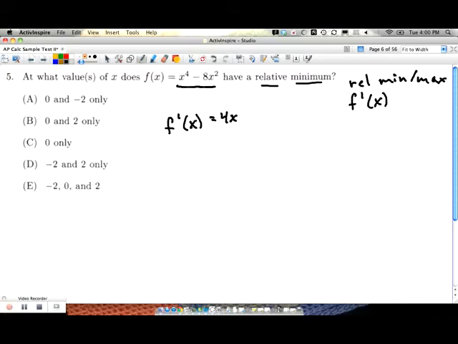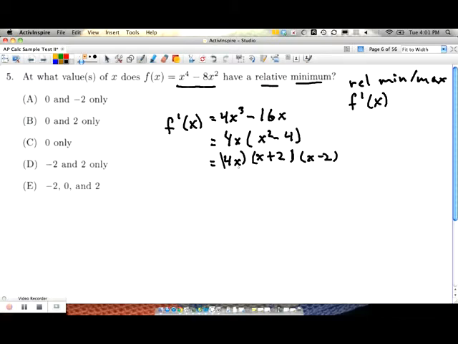F prime of x would be 4x cubed minus 16x. Now if I factor that, I can pull out a 4x from each term. I'll be left with x squared minus 4. And if I keep factoring, I'll still have that 4x, and then in here is a difference of squares. So it's going to be x plus 2 and x minus 2.